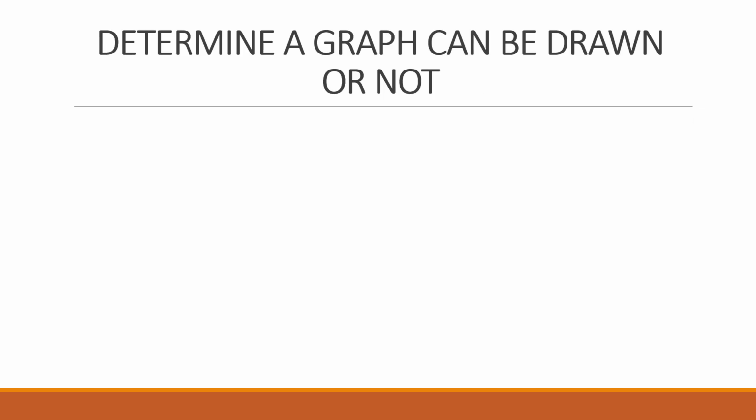So how are we going to determine whether a graph can be drawn or not? Let's recall back. The sum of degrees for any graph, as given in the formula, is equal to 2E, twice the number of edges. So if we have 2 here, that means the sum must be an even number, isn't it? Any number multiplied by 2 will give an even number.